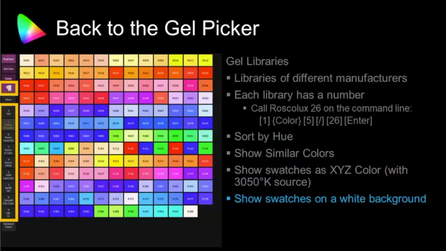It doesn't make any changes to our source color temperature for XYZ color modeling. This is just a display thing. So use what you want based on what you're comfortable accessing. And the last button that's a part of the gel picker is your metameric selection, or which metamer you're going to apply.